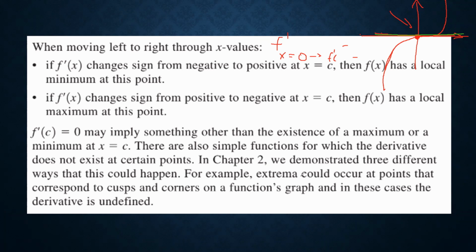There are also simple functions for which the derivative does not exist at certain points. Remember, we talked about them, like infinity. For this function, if it travels to infinity when x equals 0, for example, the derivative would not be defined at this point, right?